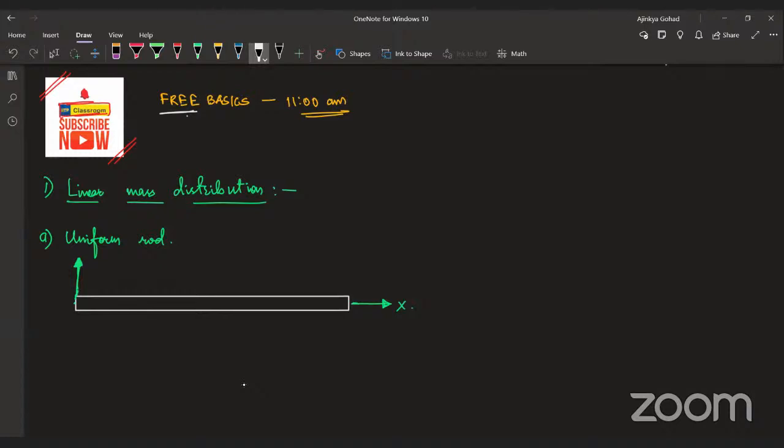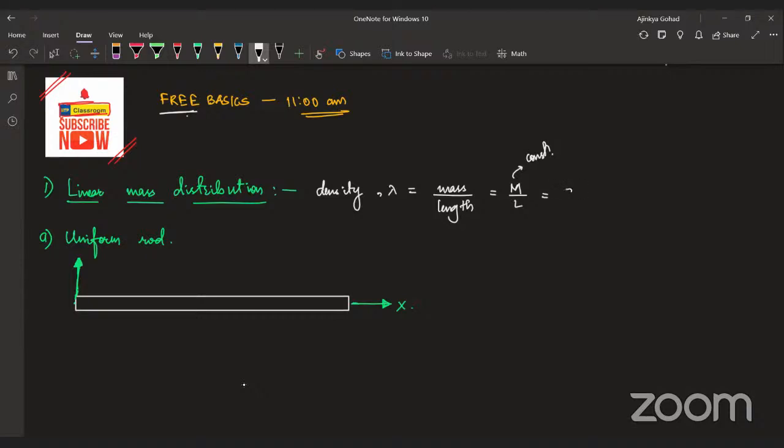Linear mass density, which is represented by lambda or mu, is basically mass per unit length. So this can be written as complete mass by unit length. If it is a constant, then we can write it as complete mass per unit length.